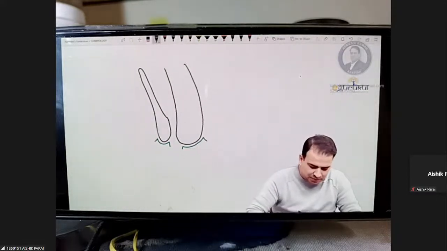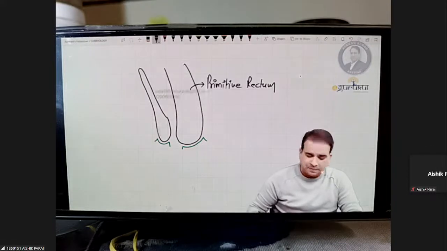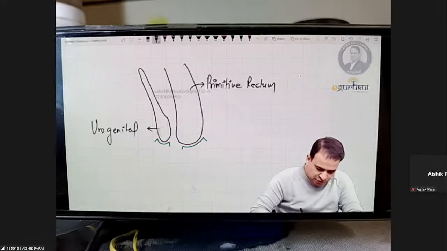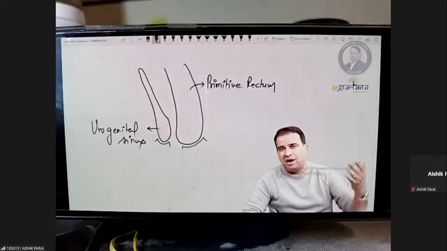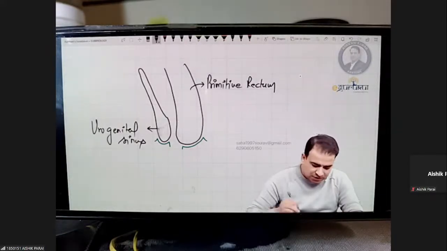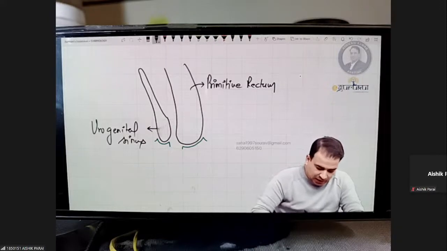This is called as the primitive rectum, the one that you see behind. And the one here is called as the urogenital sinus. We have a pelvic part, we have a phallic part of that. Pelvic part is above, phallic part is below. So that is urogenital sinus.